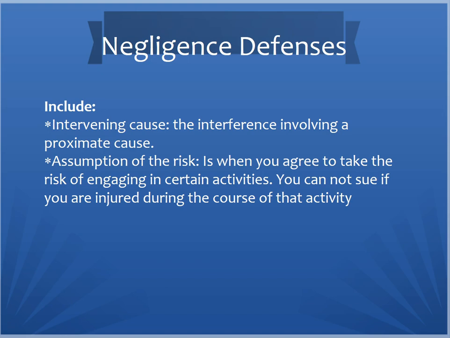So for example, bungee jumping, let's say the cord breaks or you injure yourself while you're bungee jumping, that might be considered an assumption of the risk. There is a high risk when you're doing that, so you cannot sue if something happens, if there is a loss.